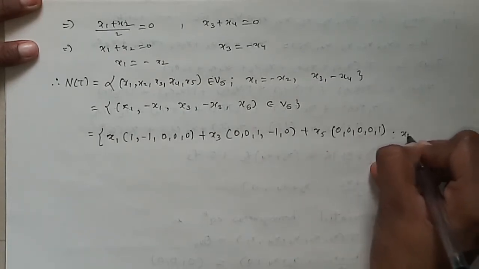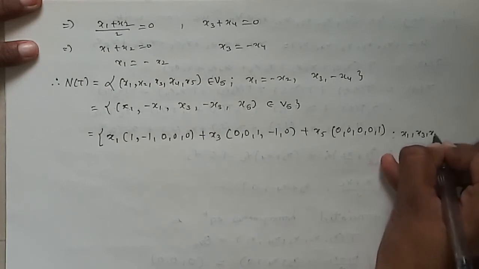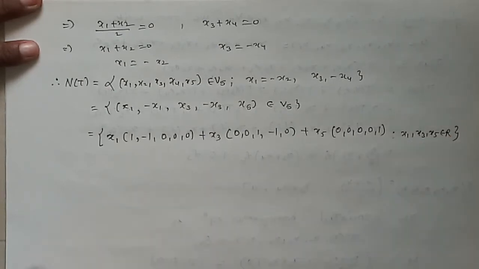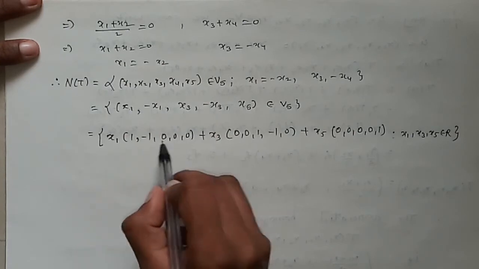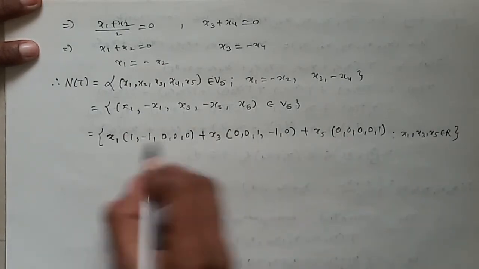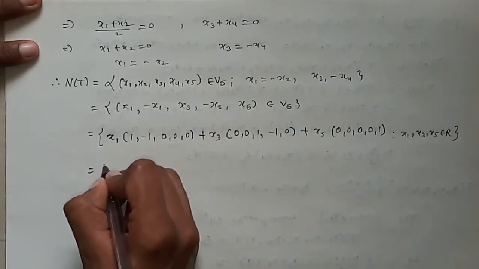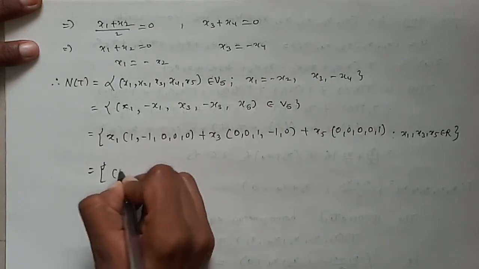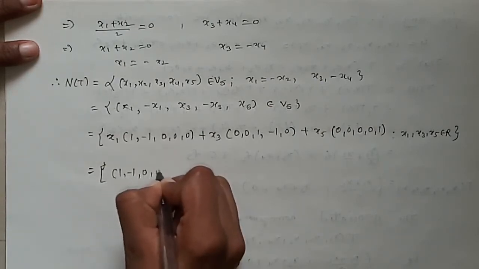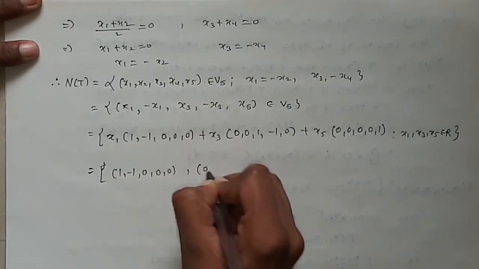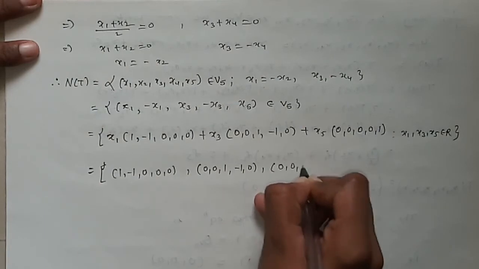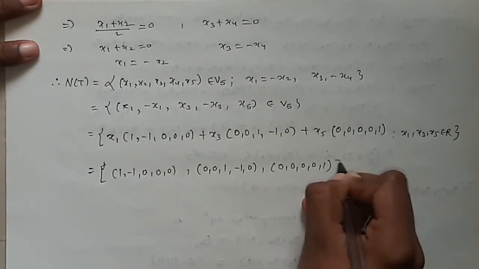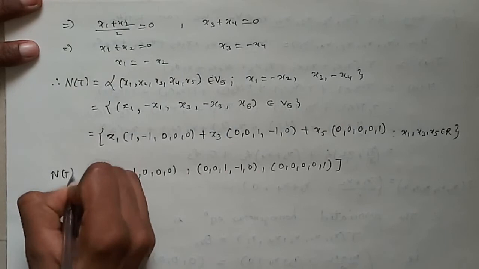Where these x1, x3 and x5 belong to R. These are any three real numbers. So from here we can see this element can be written as a linear combination of these three elements. That means the null space of T contains 1, minus 1, 0, 0, 0, then 0, 0, 1, minus 1, 0, and 0, 0, 0, 0, 1. This is my nullity of T.